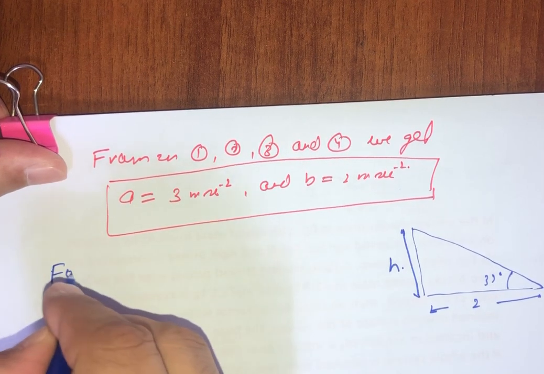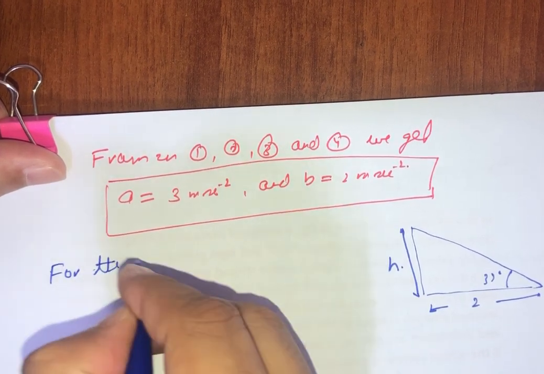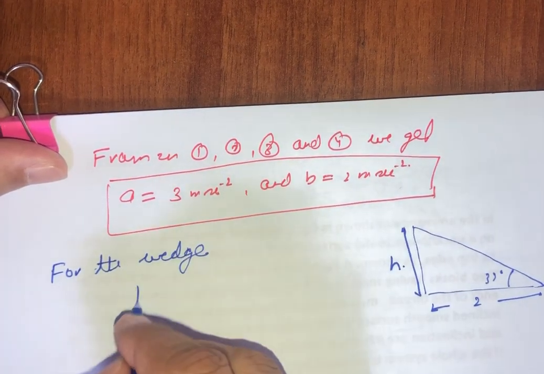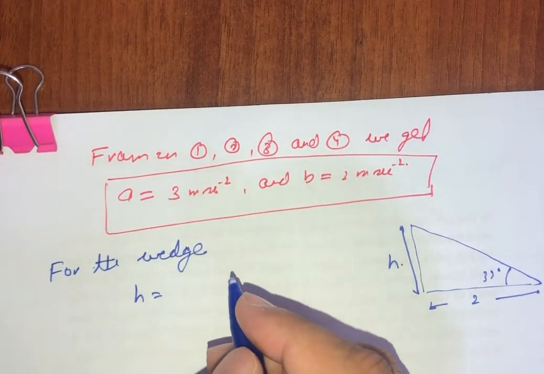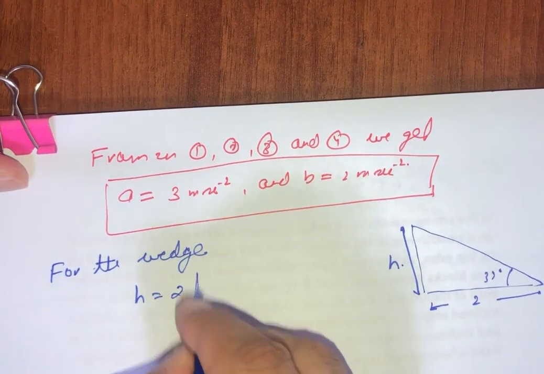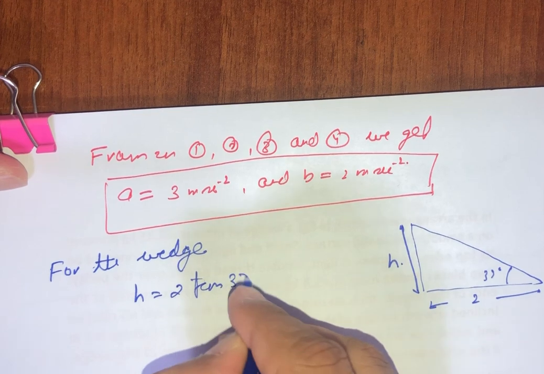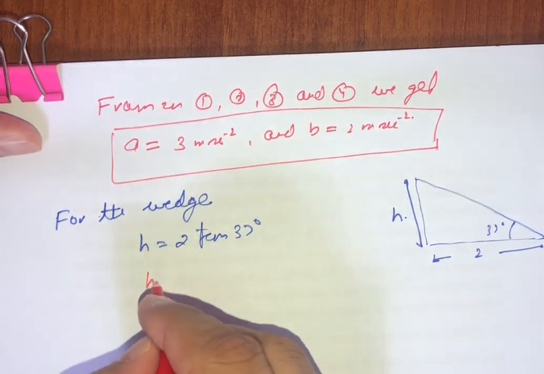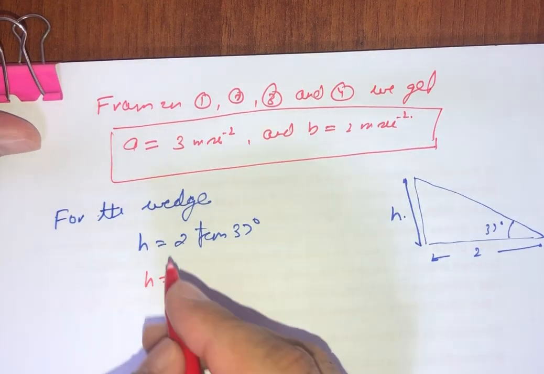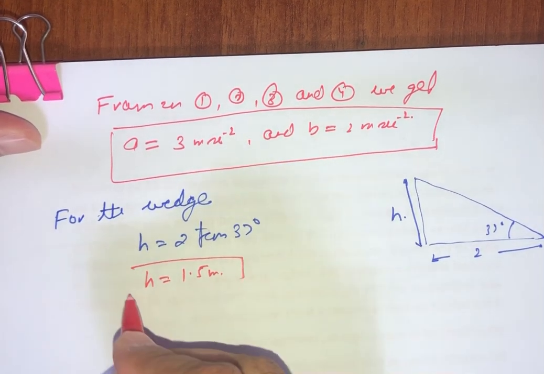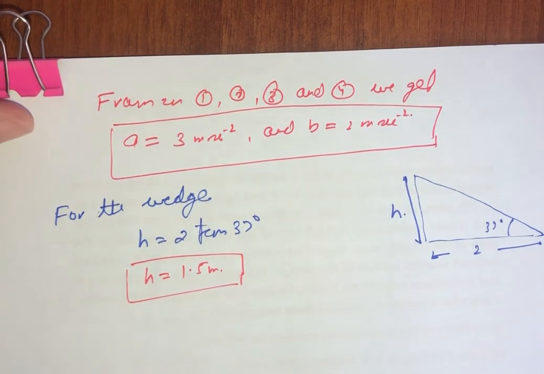So for the wedge, h is equal to 2 tangent of 37 degrees. So h will be coming as equal to 1.5 meter. Okay.